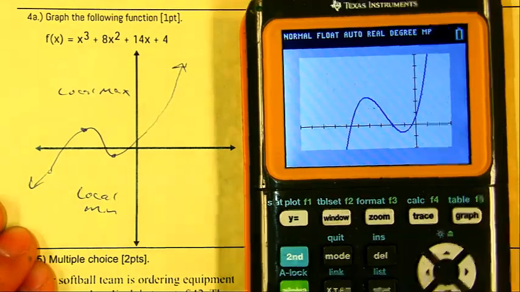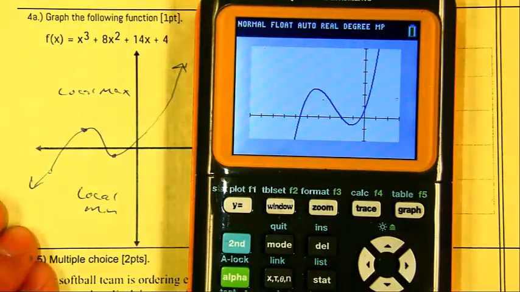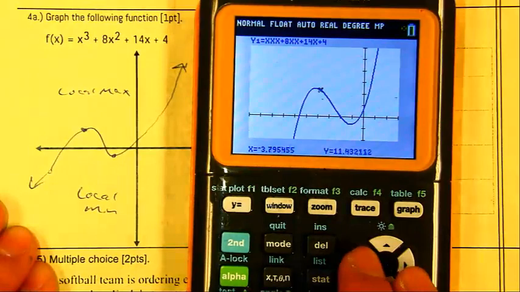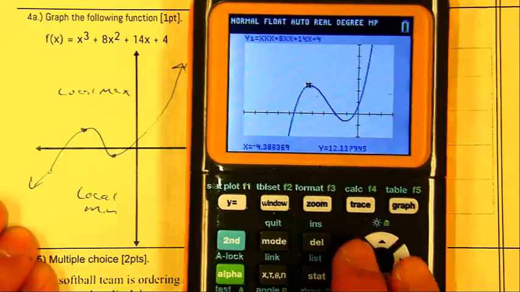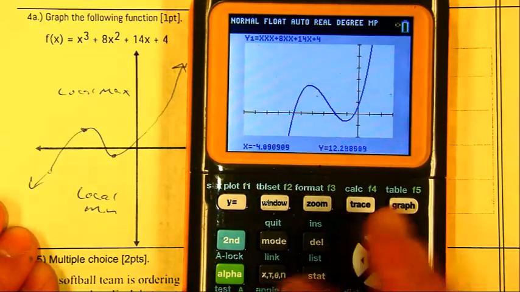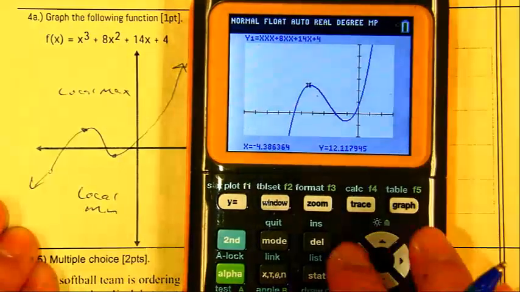So the number one mistake here is students probably just press trace and then they're trying to estimate it. And what happens there is the graph, if you're just doing this, it's not precise enough.